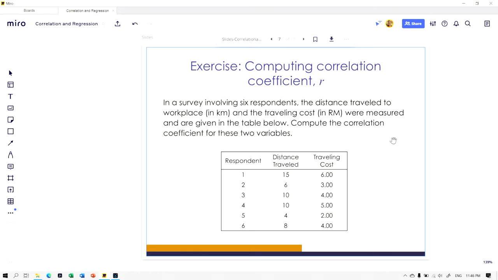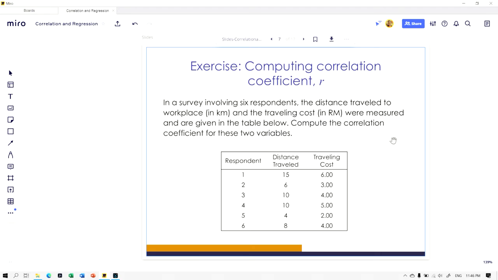This exercise will show how we calculate the Pearson correlation R. The question given to us is that from 6 respondents, the distance traveled to the workplace in kilometers and the travelling cost in ringgit were measured and are given in the table below.